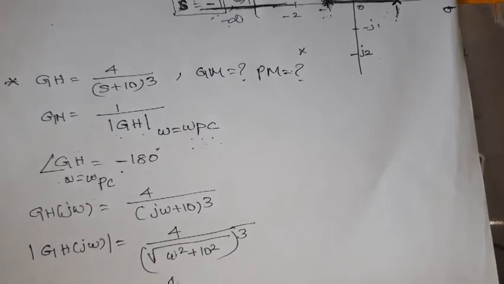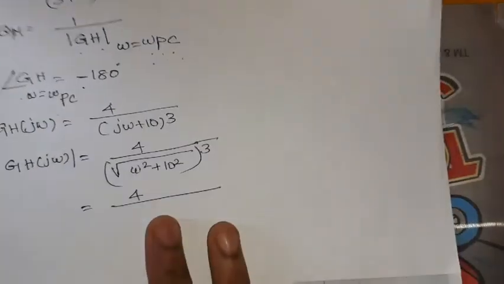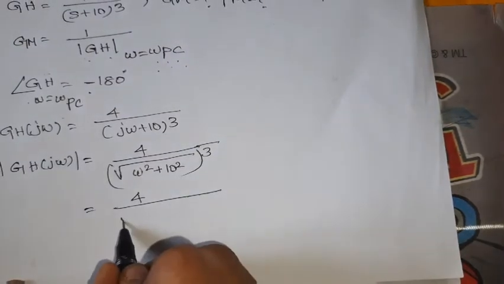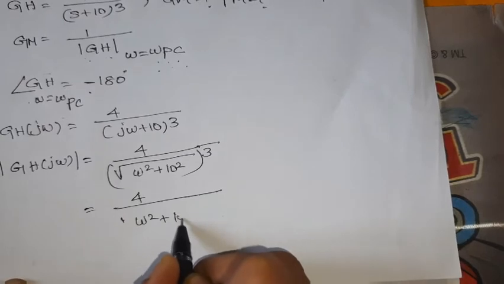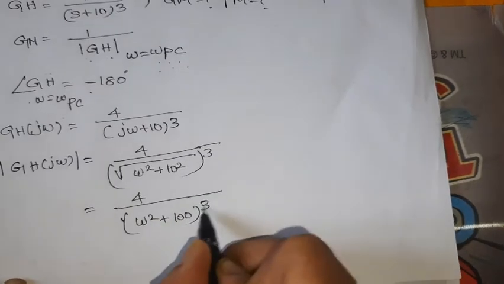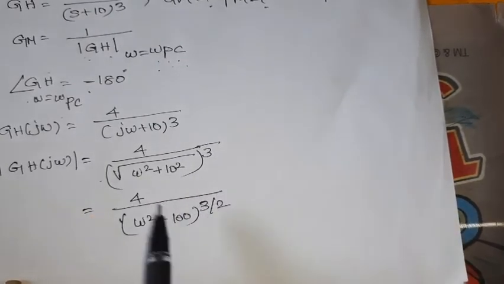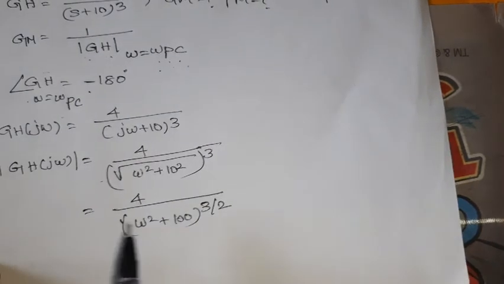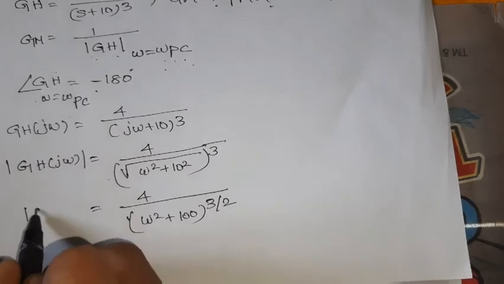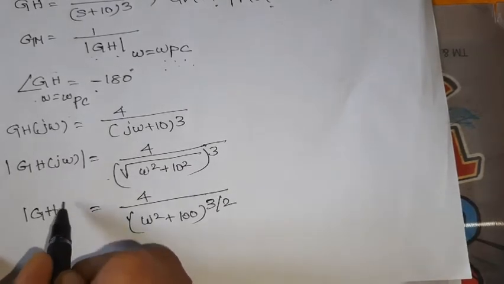What we will get is 4 divided by square root of omega squared plus 10 squared, which is omega squared plus 100, to the power 3 by 2. So this is the magnitude of the given GH.